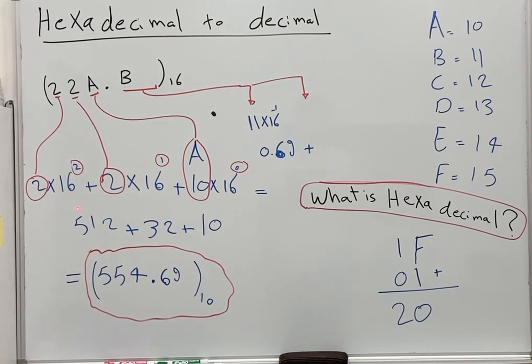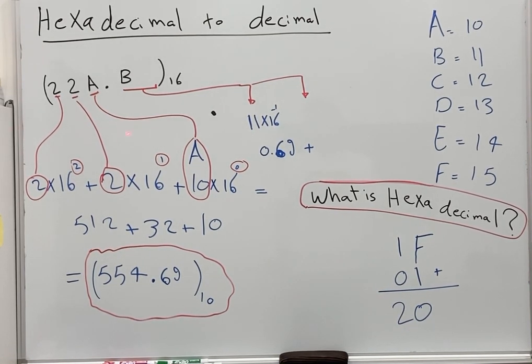So if you have a hexadecimal number and we want to convert it to decimal, what shall we do? Here, there is a point, which is for the fraction, and we have 2 parentheses to show it's base 16, to make it clear for anyone reading. So for the first bit it's A, the second bit is 2, the third bit is 2 also, and we have the fraction point.